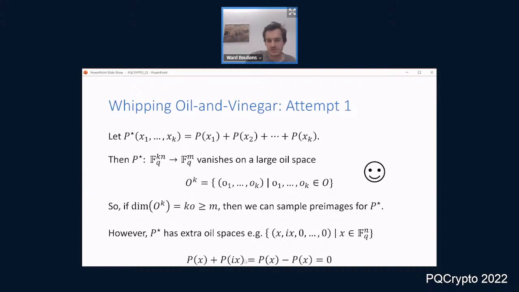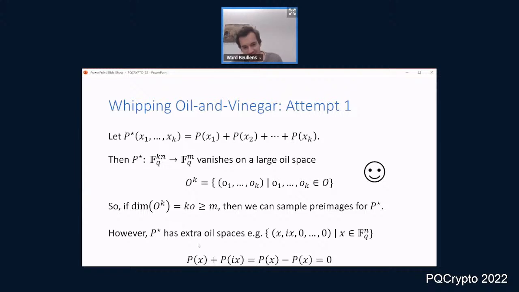But P is homogeneous, so you can take the i outside and it becomes i squared, which is -1. And then you get P of x minus P of x, which is equal to 0, right? The problem is that the attacker also knows that this is an oil space, so he can just use this space to sample pre-images, meaning that this P star is not going to be pre-image resistant, right?